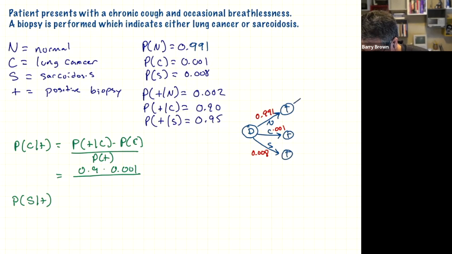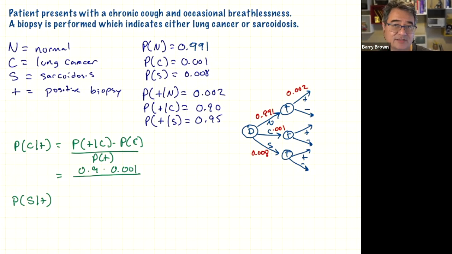And that's going to come back either positive or negative. Okay, probability of positive given normal is 0.002. Probability of positive given cancer is 0.9. And the probability of positive given S, sarcoidosis, is 0.95. And then we can figure out those other numbers.